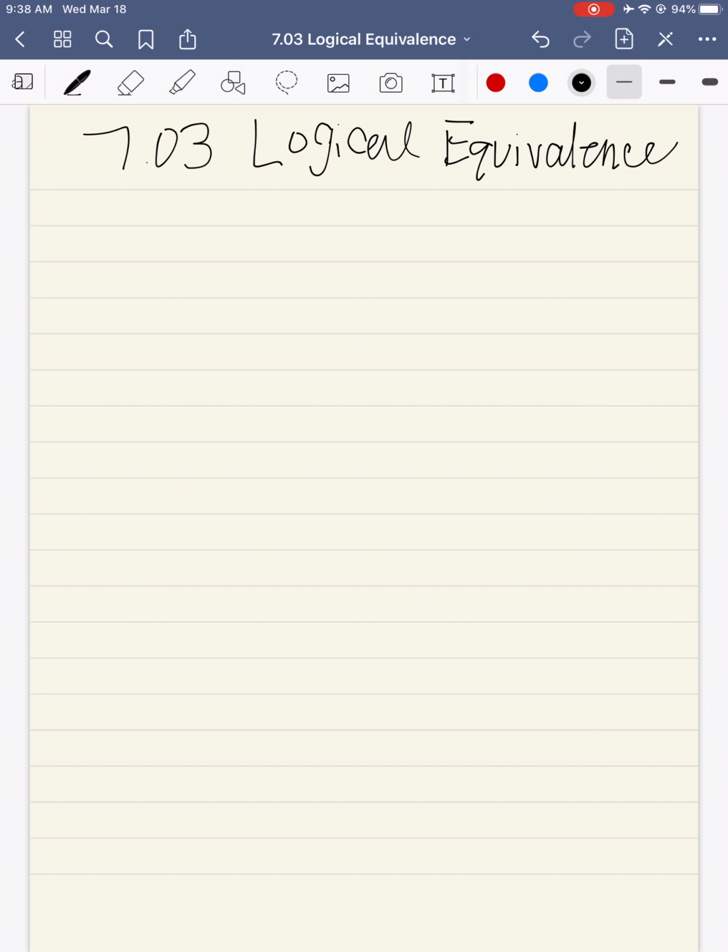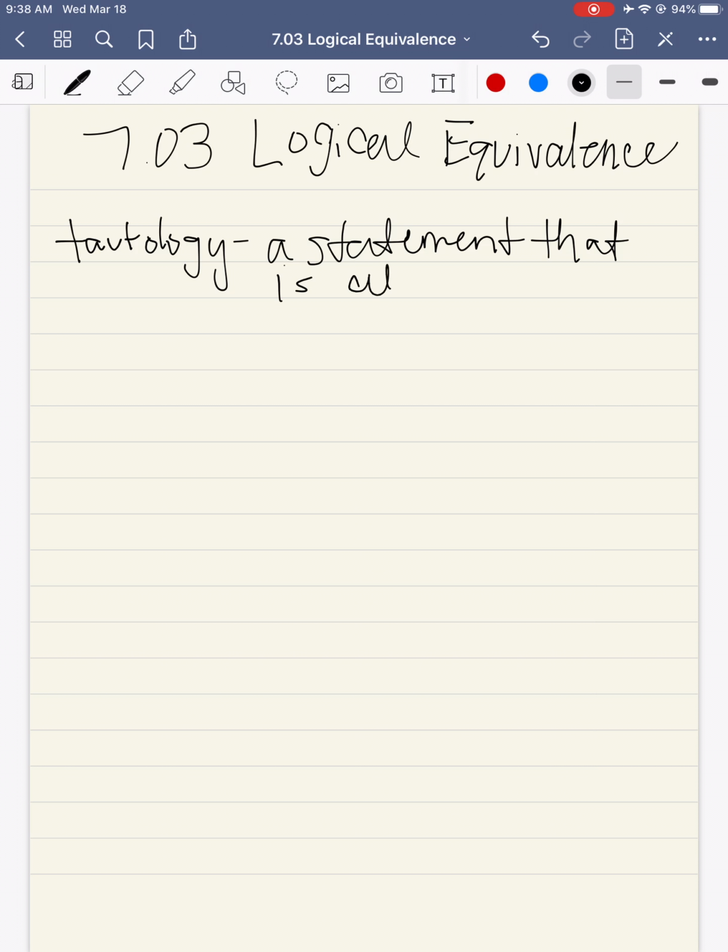So the first definition we're going to take a look at is a tautology. So this is a statement that is always true. And then the opposite of a tautology is a contradiction.